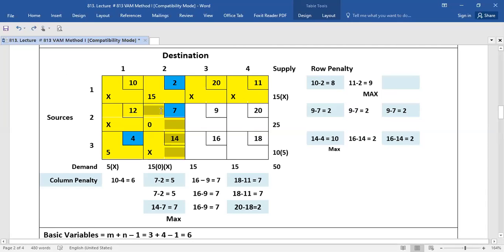So I have eliminated this column and we are left with 2 rows and 2 columns. This is eliminated. We cannot find the row penalties or column penalties from these cells. So moving in the same way, you will find the row penalty and column penalty.